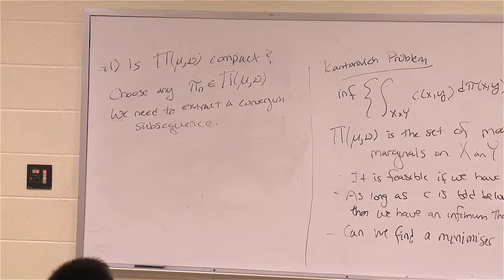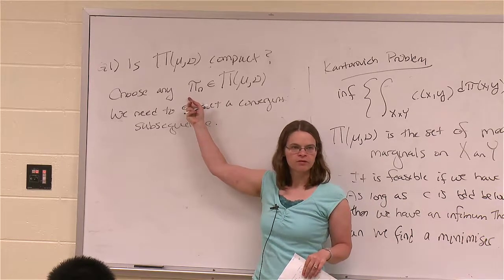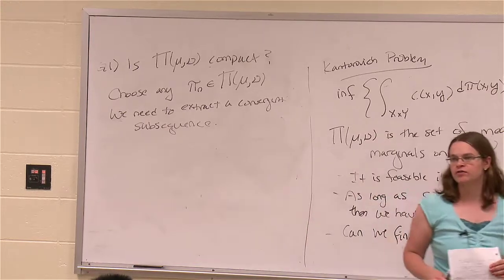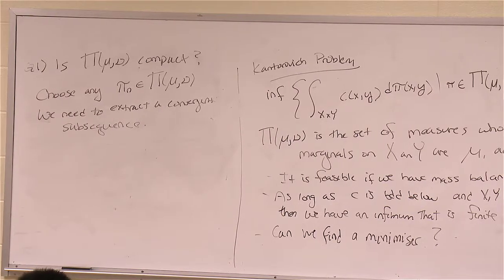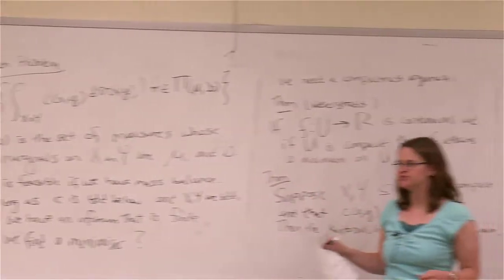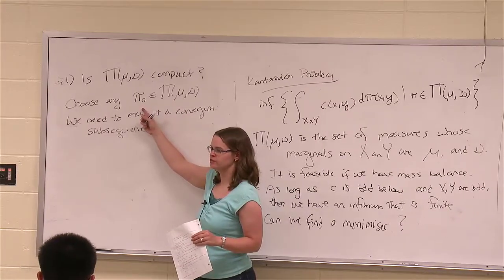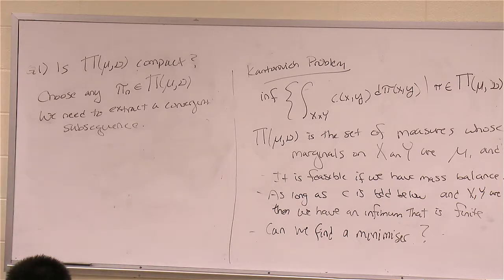In fact, much of the work is already done for us. What do we know about these pi_n's? We know they're probability measures, right? So I have a sequence of probability measures that are defined on a compact set. This is already a compact space, right? So this larger space of probability measures is already compact. So I know that I can extract something that converges. Whether it converges to a limit in here, I don't know, but it converges to another probability measure.